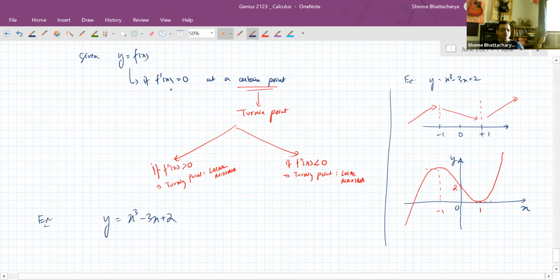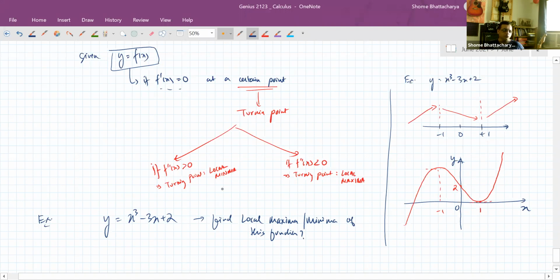Now let us apply this local maxima and minima method. We want to find the local maxima and minima of this function. So what we'll apply is this concept: given the function, first find the positions where the derivative is 0. So you are locating the turning points.